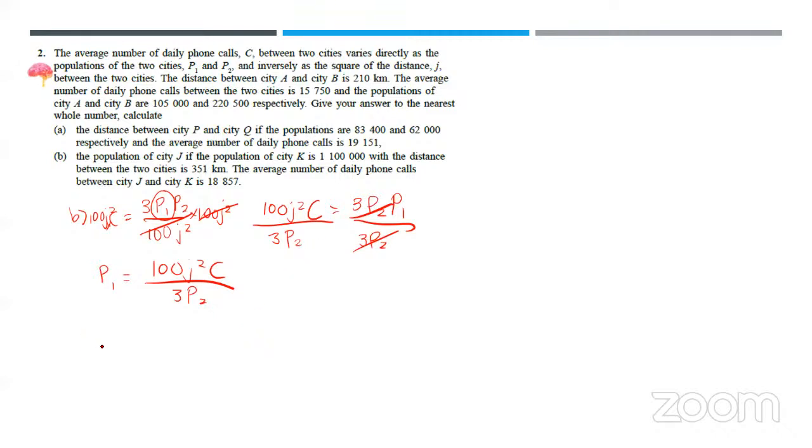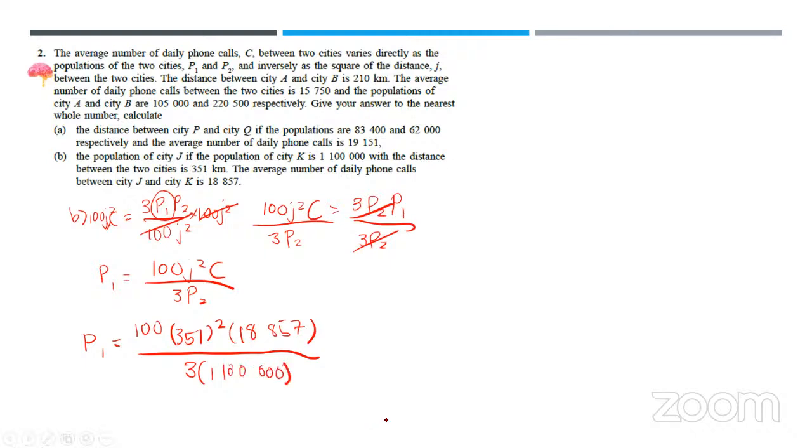So all we have to do is sub these values back into the original equation. So you'll get P1 is equal to 100 multiplied by 351 kilometers squared, multiplied by the average number of daily phone calls, which is 18,857, and then divided all by 3 times P2, which is the population of the other city, which is 1,100,000.